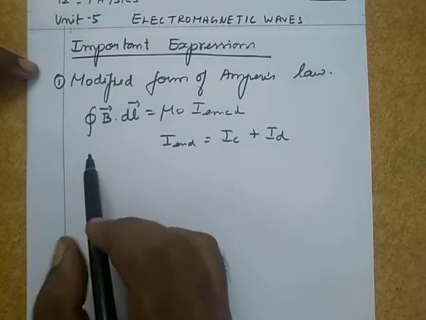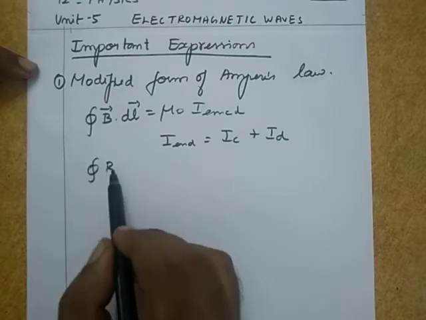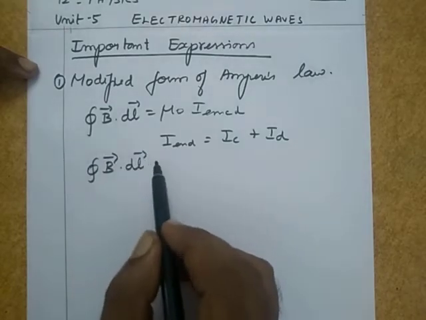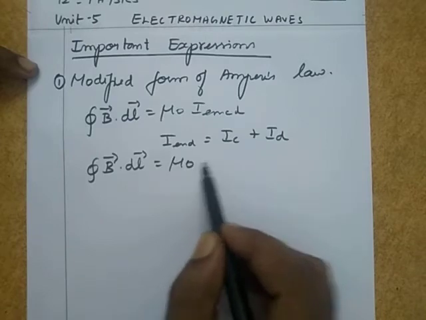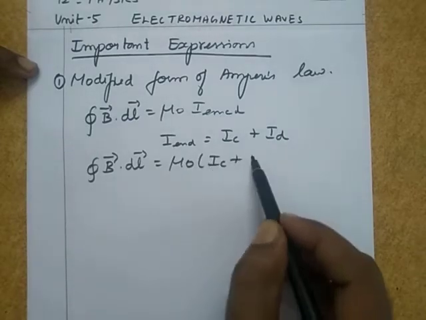Modifying this, the closed integral of B vector dot dl vector is equal to mu naught (IC plus ID).